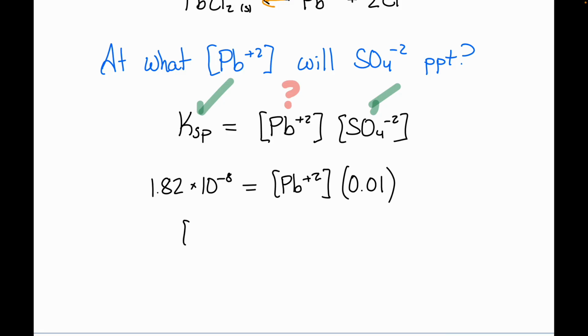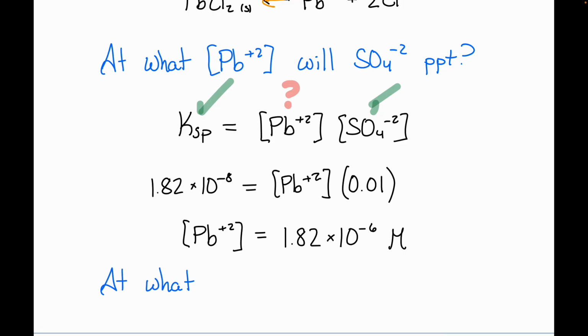So our concentration of lead is going to be equal to 1.82 times 10 to the negative 6 molar. All right, so then using that same logic, at what concentration of lead will the chloride precipitate?